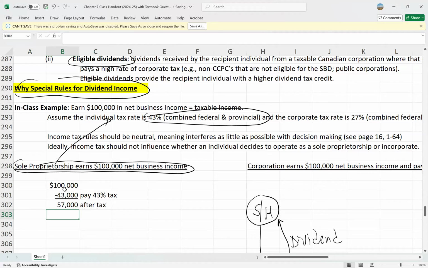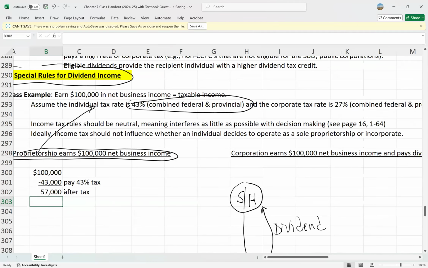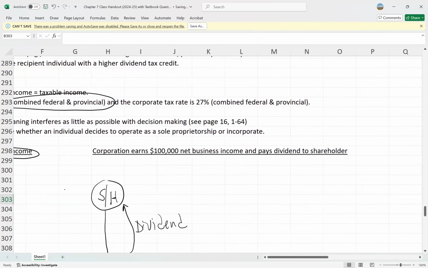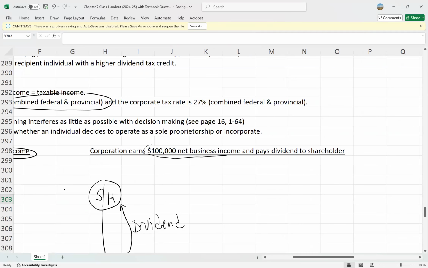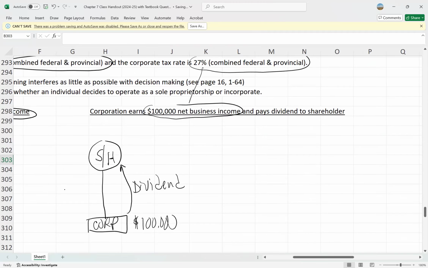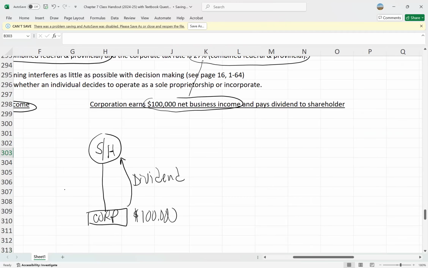Now, sometimes a sole proprietorship might decide to incorporate. So let's say they decide to incorporate, and now the corporation earns the 100,000. The corporation pays 27% combined federal and provincial tax. So in this example, we're assuming that the individual decided to incorporate. The corporation will now be the one that makes the 100,000.